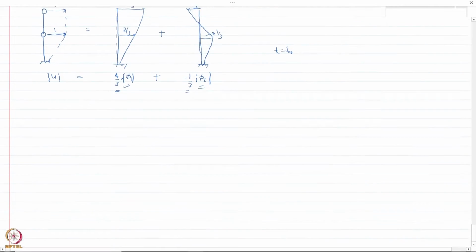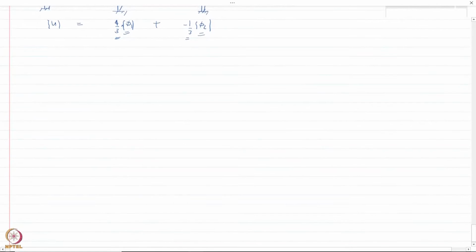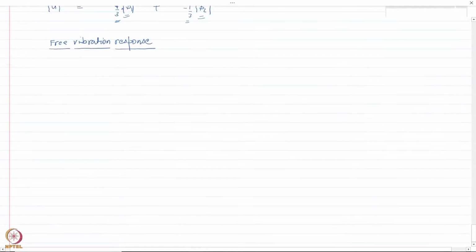Now what we are going to do here is solve the equation for free vibration response. Remember that our equation of motion is m times u double dot plus k times u is equal to 0. Now we are going to write u as a function of time t.